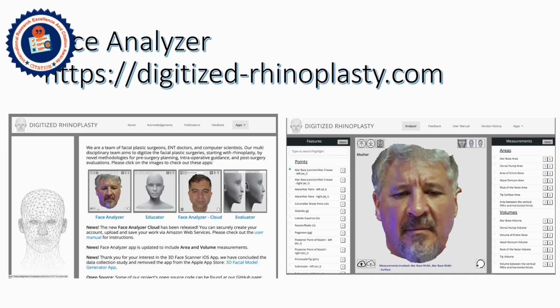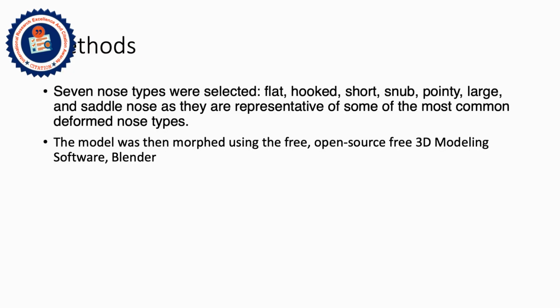The face analyzer tool that was developed by our team was used to make the measurements. We decided to use 7 different nose types: flat, hooked, short, snub, pointy, large, and saddle nose, as they are representative of some of the most common deformed nose types.